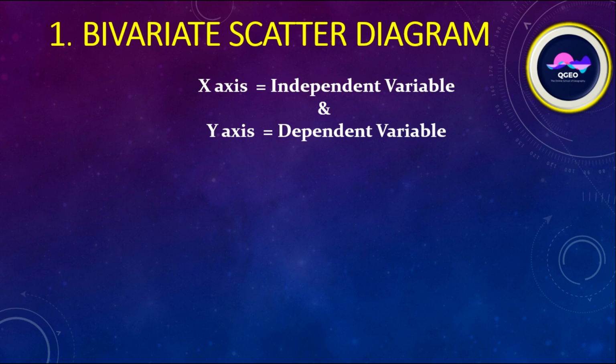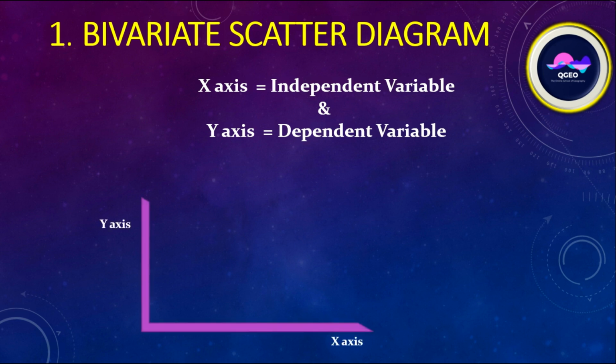In other words, we represent the independent variable on the x-axis and the dependent variable on the y-axis. The x-axis is the horizontal axis, and the y-axis is the vertical axis.